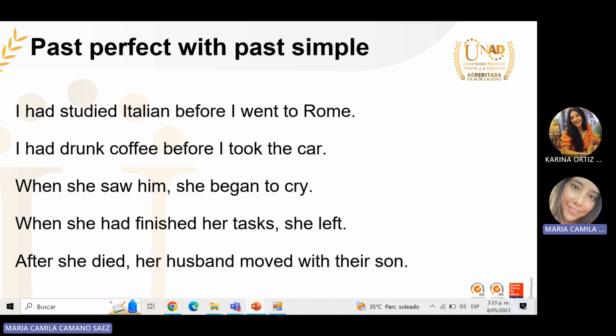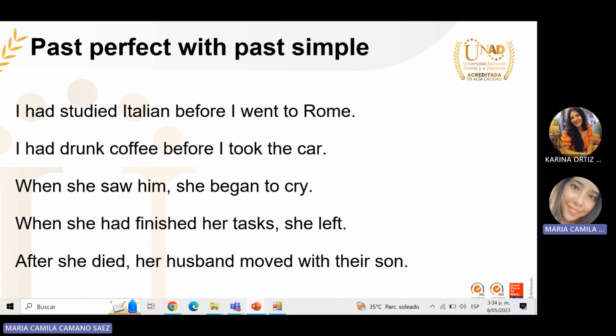So the first thing that happened was that the man or the woman had studied Italian, and then this activity finished, and he or she went to Rome. Okay, so the first activity that finished was the activity with past perfect tense, and the activity that was after this past perfect action was with past simple.